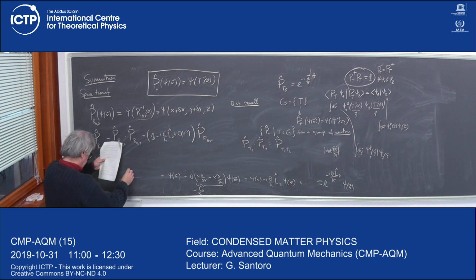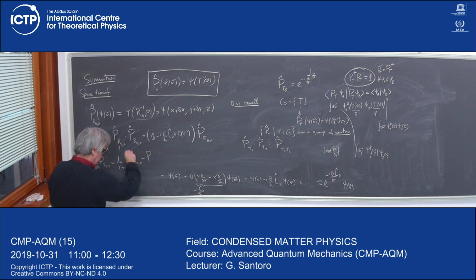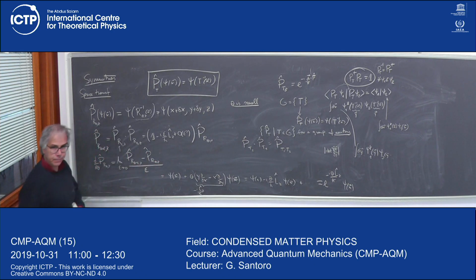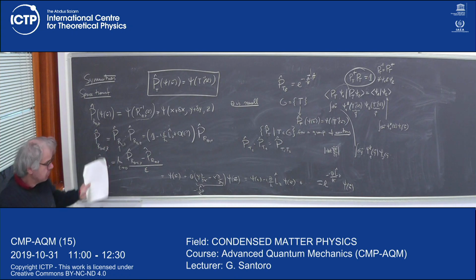Simply by taking the limit for epsilon going to 0 of P of R theta plus epsilon minus P of R theta, divided by epsilon.